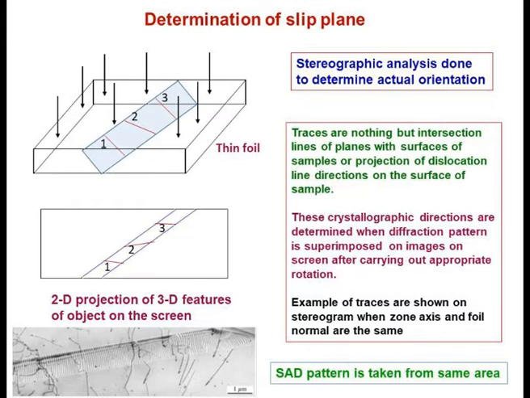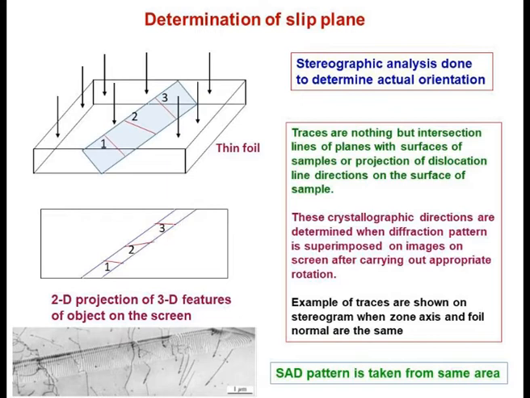If the electron beam is passing through the sample, what we get on the screen is a two-dimensional projection of the 3D image. Depending upon the beam direction, we get a trace, and the projection will be perpendicular to the beam.